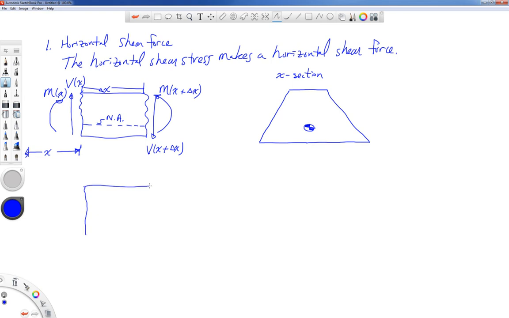On the side view, we know that the bending stress varies linearly with distance from the neutral axis. The way that bending moment is pointing, we'd have compression on the top and tension on the bottom. The magnitude of the stress on the top would be higher than the magnitude of the stress on the bottom because there's more distance from the neutral axis to the top.